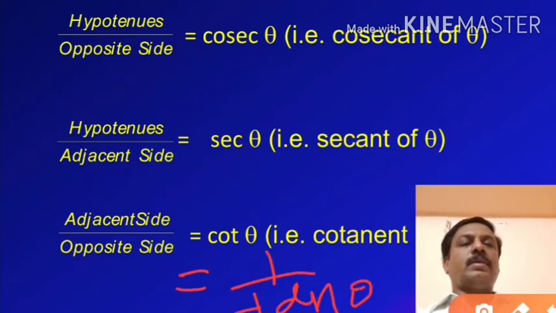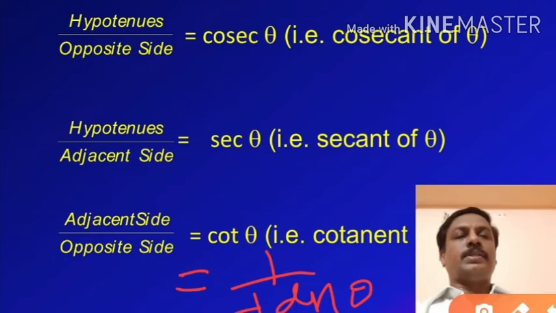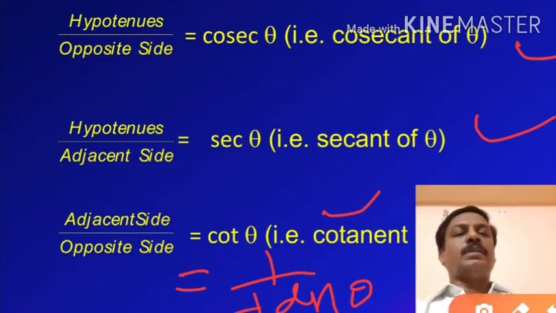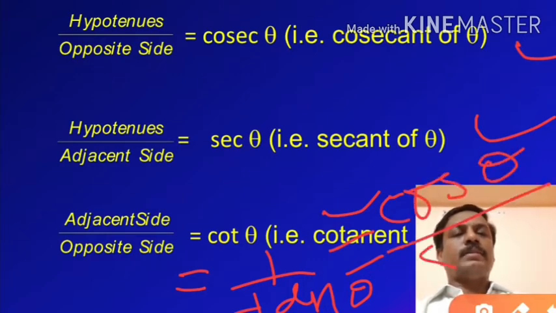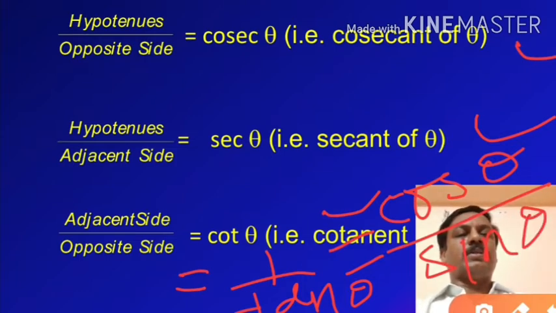First we learned three trigonometric ratios. These are reciprocals of those trigonometric functions. Here cosec theta is the reciprocal of sin theta, sec is the reciprocal of cos theta, and cot is the reciprocal of tan theta. So cot theta can also be written as cos theta by sin theta, because tan theta is sin theta by cos theta.